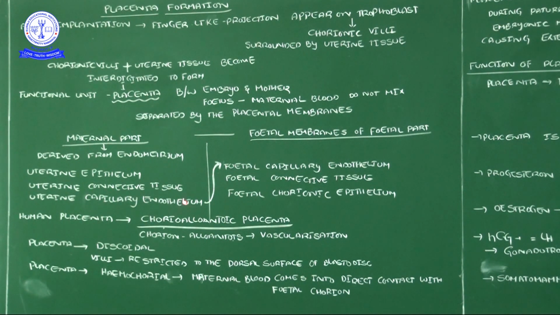Uterine capillary endothelium is there. The uterine capillary endothelium contains a lot of blood. Capillary means blood vessel only. That will contact with the fetal capillary endothelium. This fetal capillary endothelium is nothing but the chorionic villi onwards it is produced. So here mother's blood directly contacts the placenta.